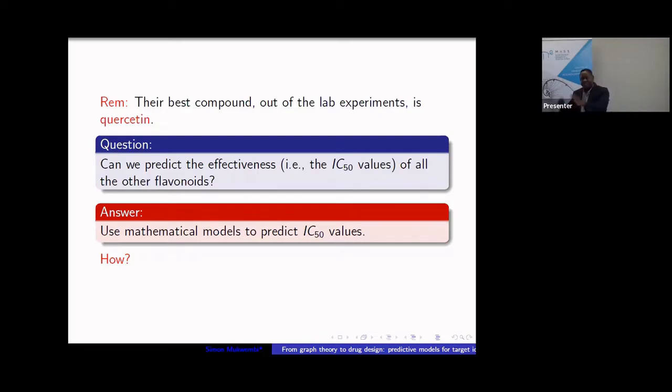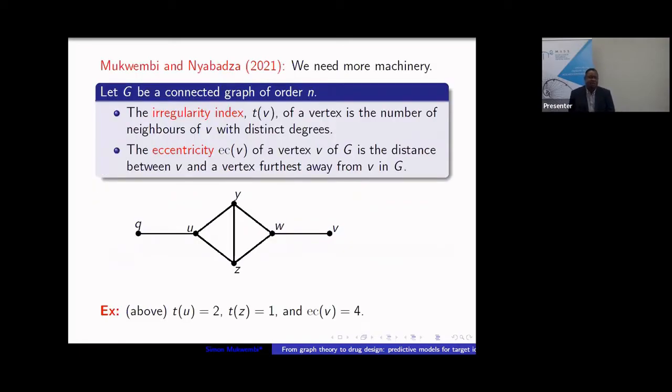On the other side, a numerical value, the IC50, which is also a mathematical object. So we said, let's go ahead, let's see if we can use mathematical models to do that. Then again, the question was, but how? We realized that we cannot achieve that easily, but we needed more machinery.